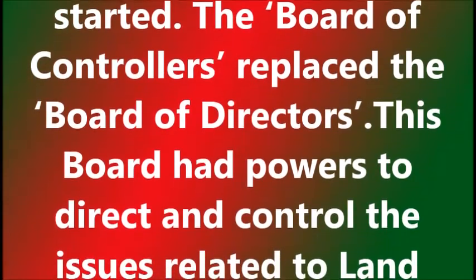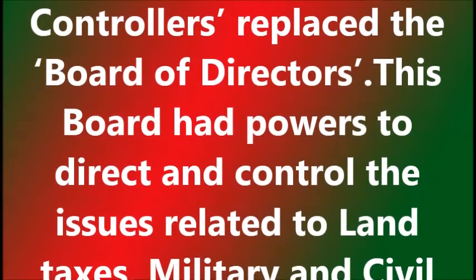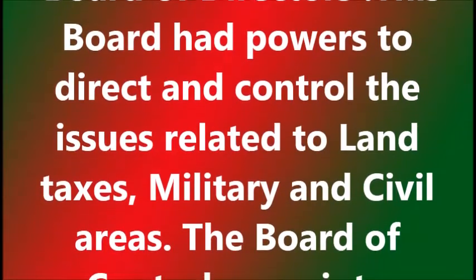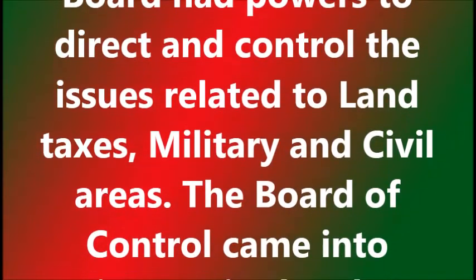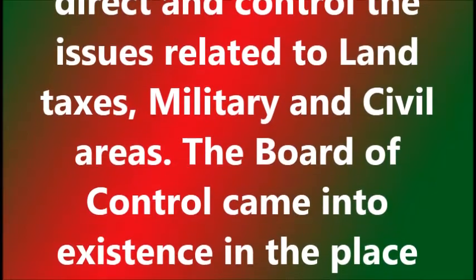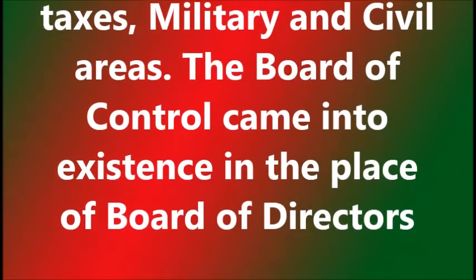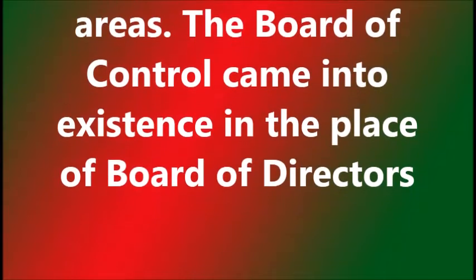This board had powers to direct and control the issues related to land taxes, military and civil areas. The Board of Controllers came into existence in the place of Board of Directors.